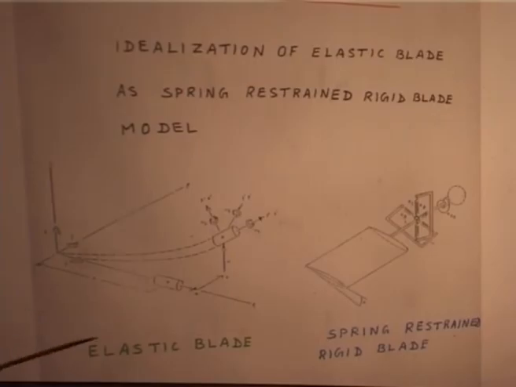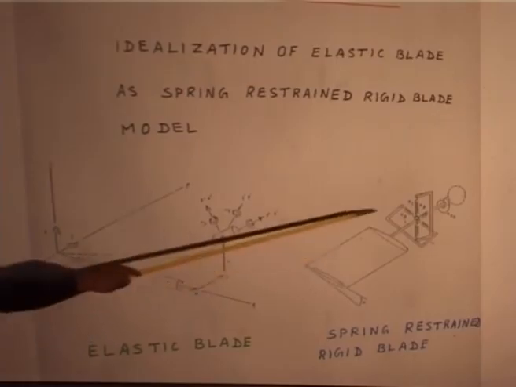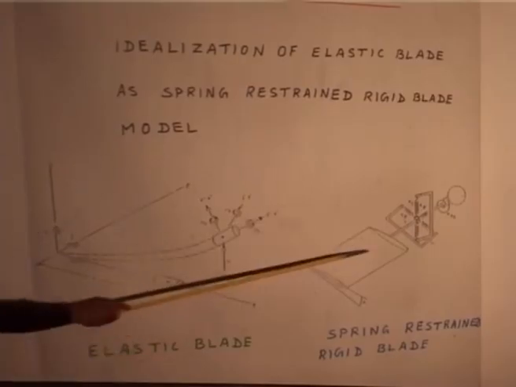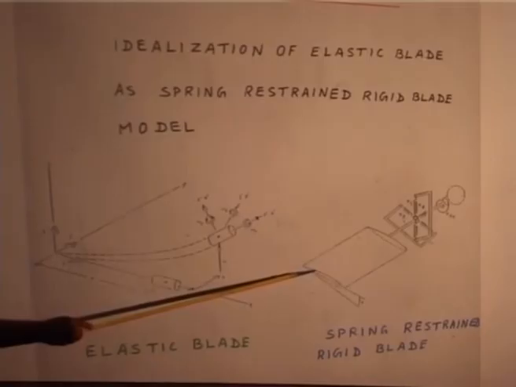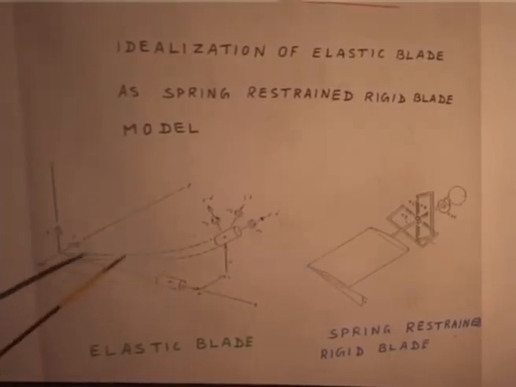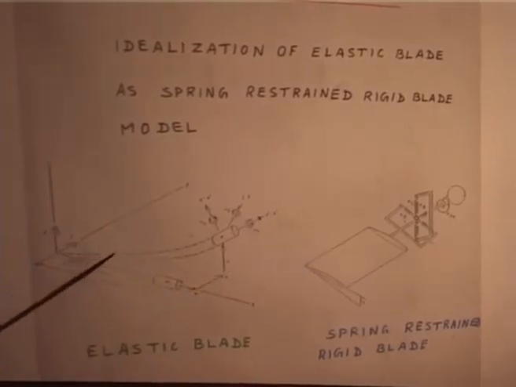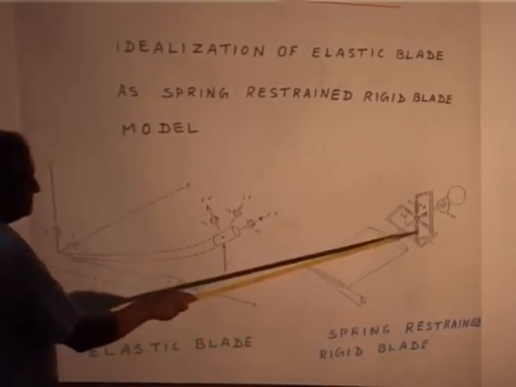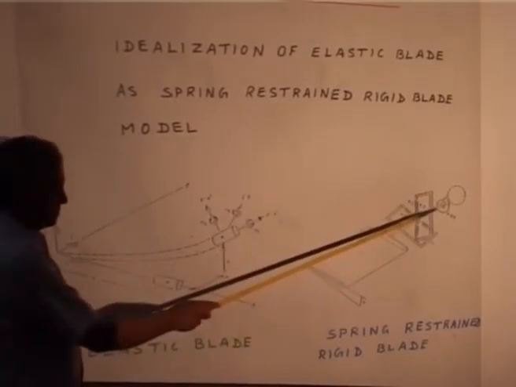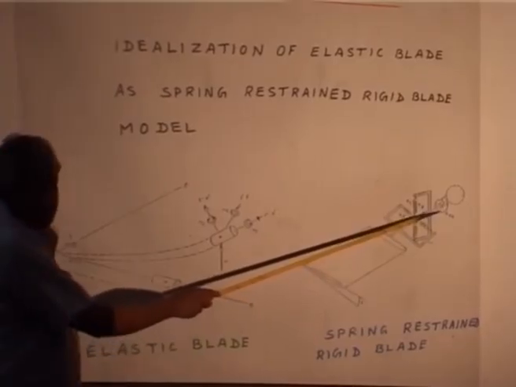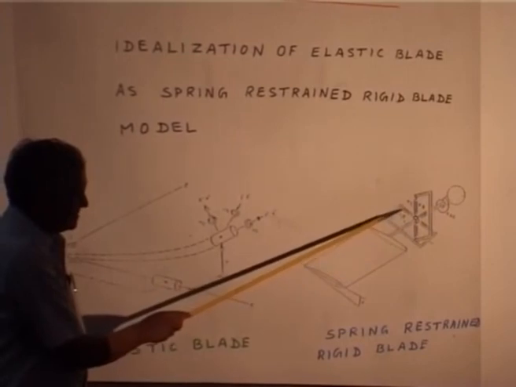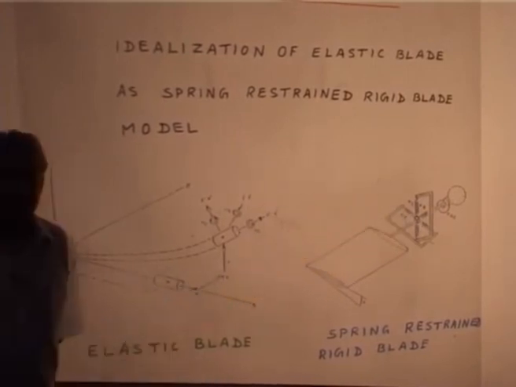But simultaneously they were trying to get a simple model which is a rigid blade, but represent the entire elastic properties by a root spring restrained rigid blade. So, I have put 3 springs. This is the torsional spring, this is the lead lag spring, this is the flap spring.